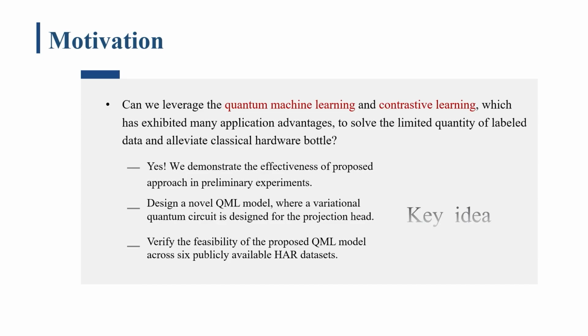This is the motivation for how to design an effective quantum machine learning method. Our solution is a new quantum machine learning approach that uses a variational quantum circuit for the projection head instead of for the last layer of the encoder, and we also verify its performance.